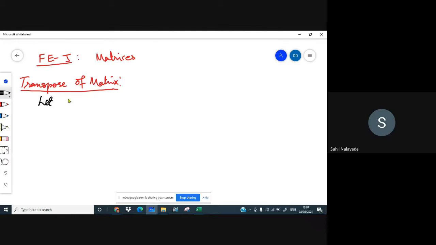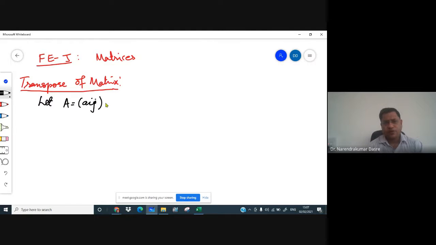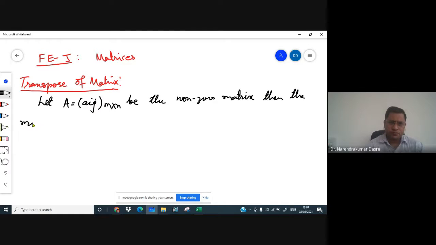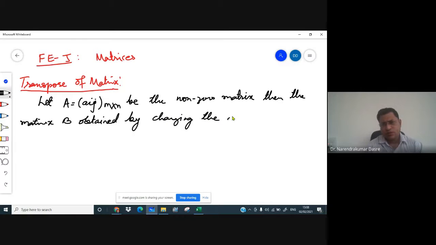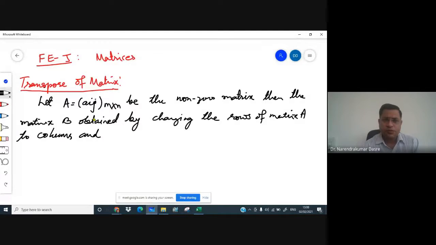Let A equal to Aij be an M cross N matrix, a non-zero matrix.